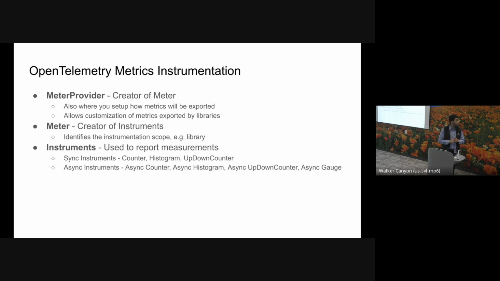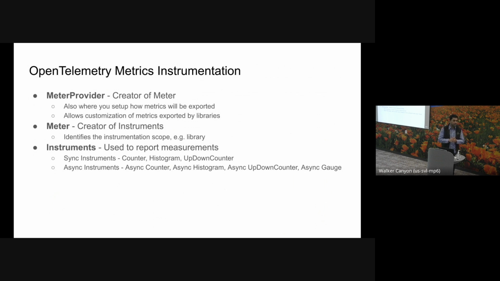This is also where gRPC would come in. gRPC would take the meter provider, create a meter out of it, which says, this is the scope of my metrics. And from that meter, it creates instruments, like counters, histograms, gauges.